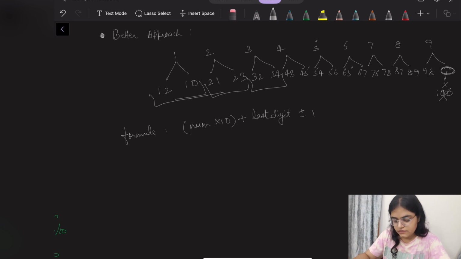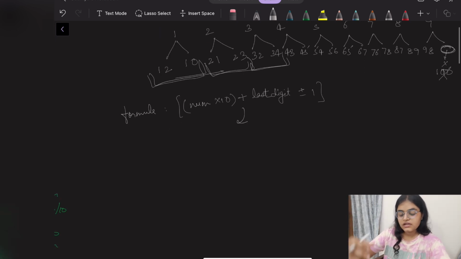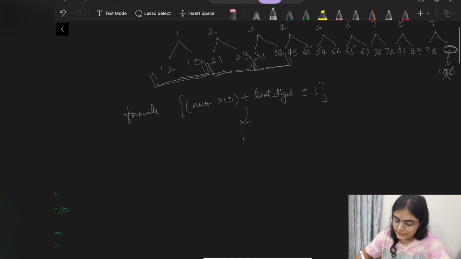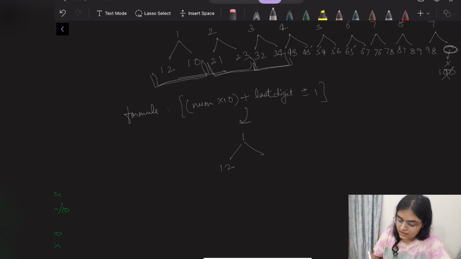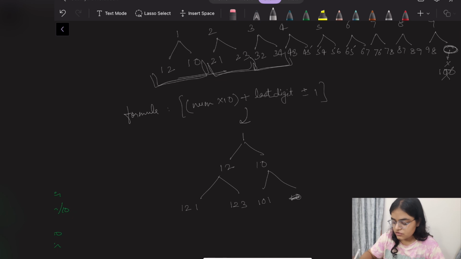This is the formula for generating these pairs for every number. With this formula we will be able to create a whole tree. Let's take 1 as an example. For 1 it's 12 and 10, and then again for 12 we get 121 and 123, and for 10 we get only 101.